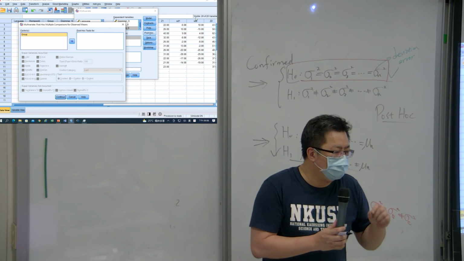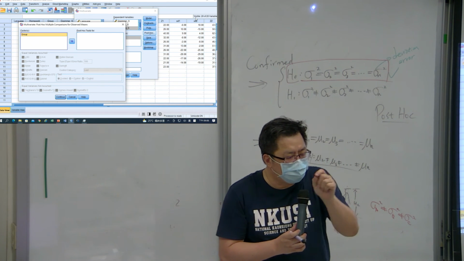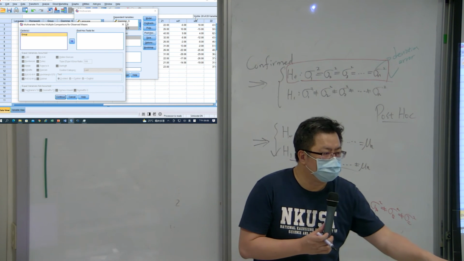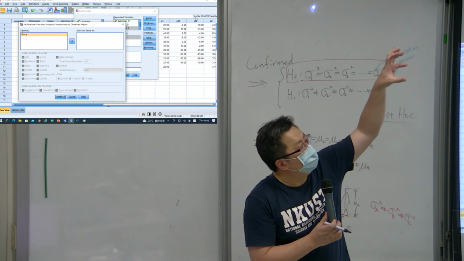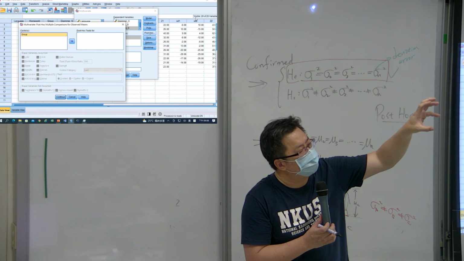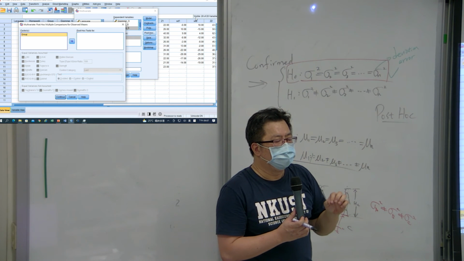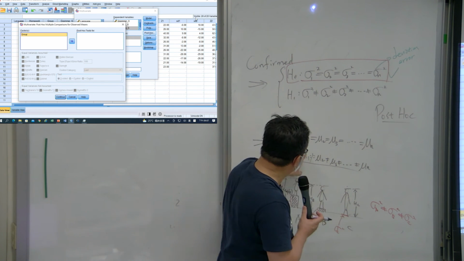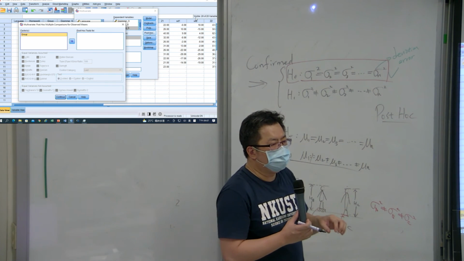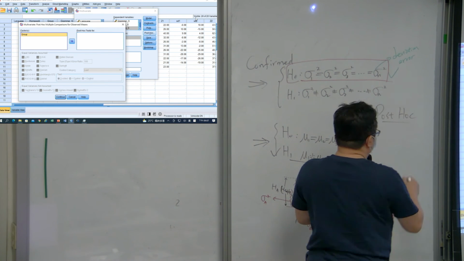But what is the best? What is better? Who will be the champion? Who is first, who is second, who is third? We have to do the comparison after ANOVA. If the ANOVA H1 holds and we want to compare who is the best, we can choose the post hoc.